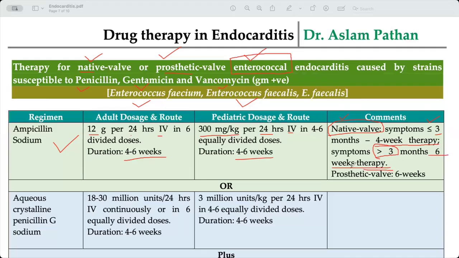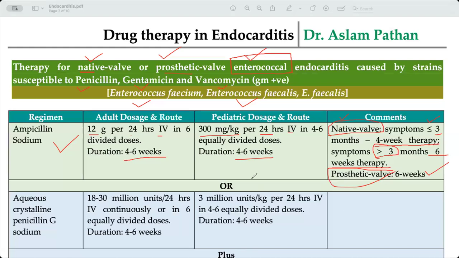And if the patient has a prosthetic valve, use the 6 weeks therapy. So here duration of therapy depends on the symptoms in case of native valve endocarditis. If symptoms are less than 3 months, 4-week therapy. And if the symptoms are more than 3 months, 6-week therapy for native valve endocarditis. And for prosthetic valve, 6-week therapy.